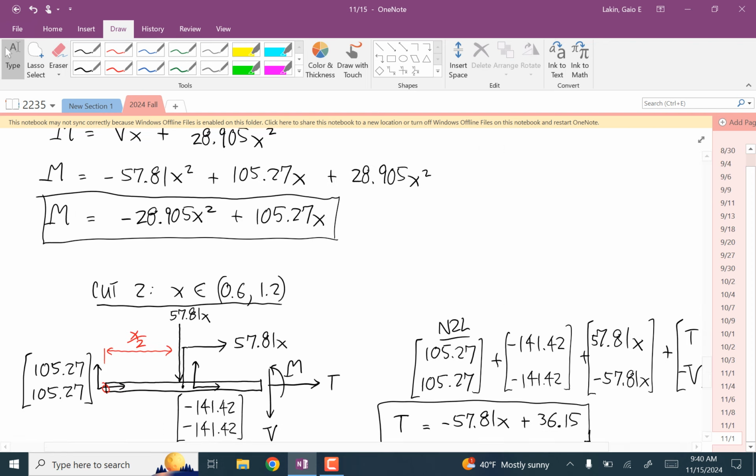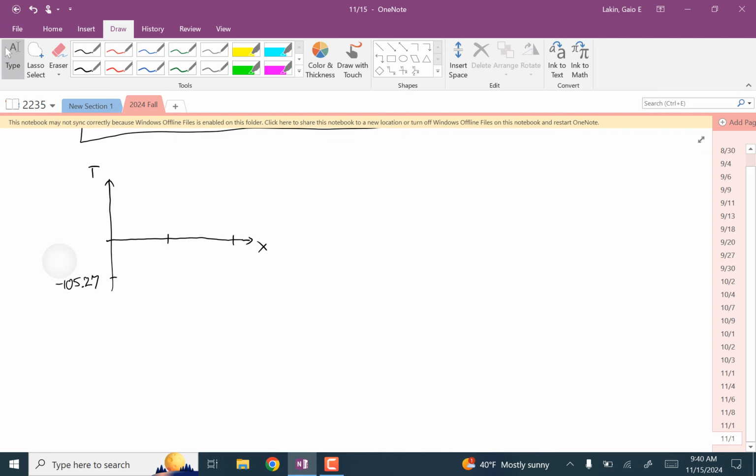And we come down to almost exactly 140 negative.